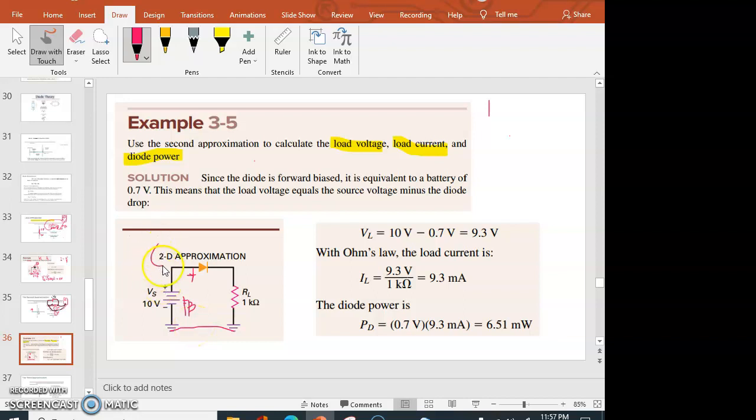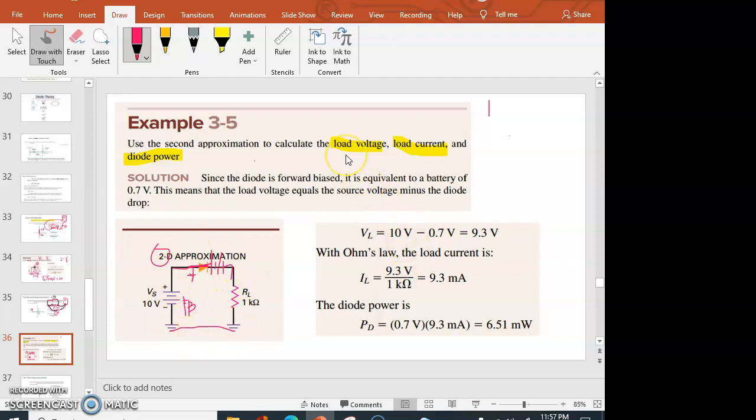Again, this time we are using the second approximation, so we treat the diode as a closed switch. And please do not forget the barrier potential of 0.7 volts. So this is now the equivalent circuit.